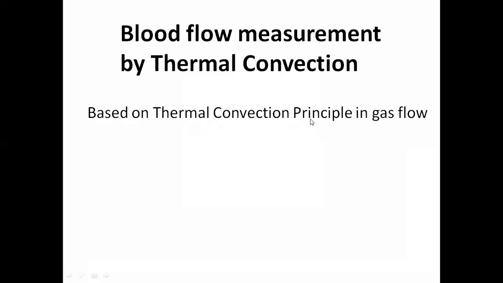This is one method using thermal convection. The same convection principle is used with two thermocouples, which are placed in two different places of the vessel. In between we place a heater.